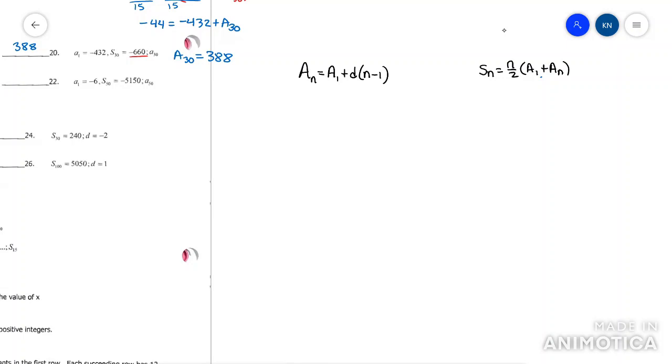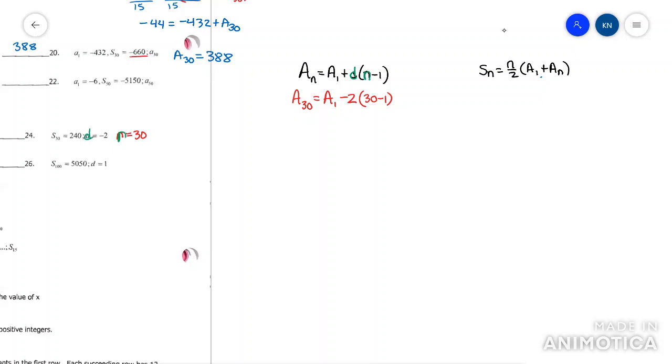In order to do this, the first thing you do is use this first equation. So you'll say, okay, my number was 30. N is 30. So A30, we don't know. We don't know A1 either, but we do know the rate is -2, and we know that 30 was my N. All I knew were the letters D and N right there.